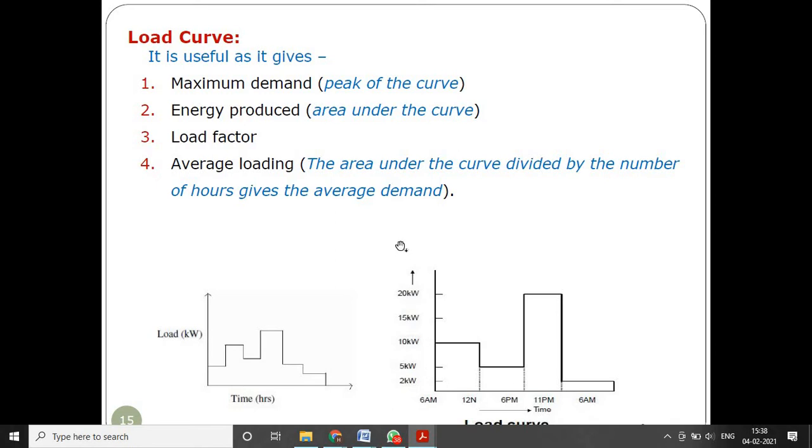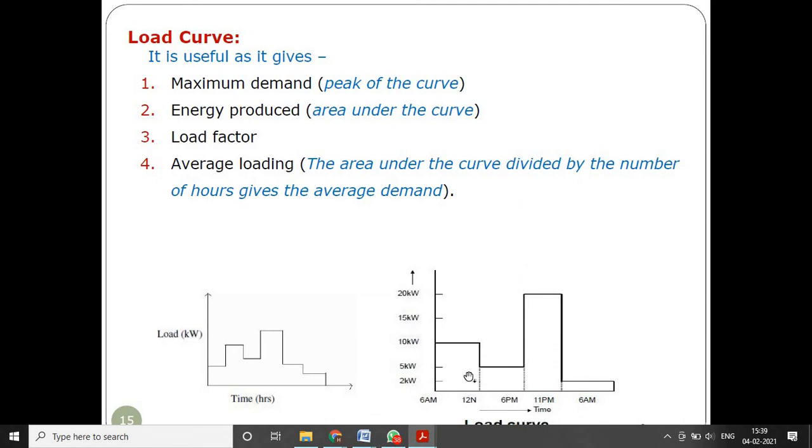This is again kW versus time, but this time is not in a complete number of hours. It is from morning 6 to the next day morning 6, that is a 24 hour day. At a particular time, say 12 afternoon, 11 p.m, 6 p.m, what is the load? We can get that information from this load curve.